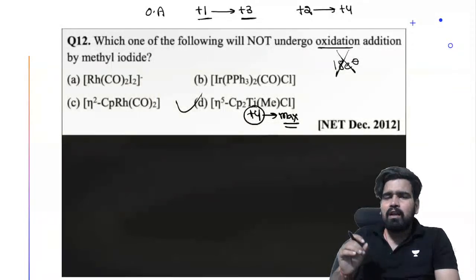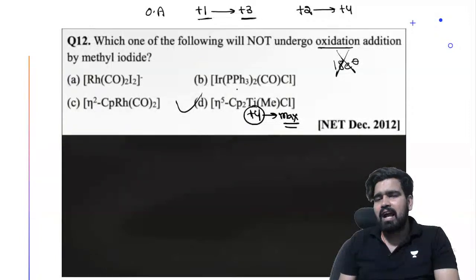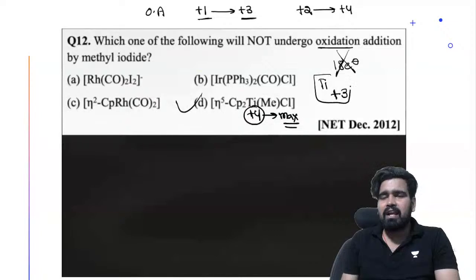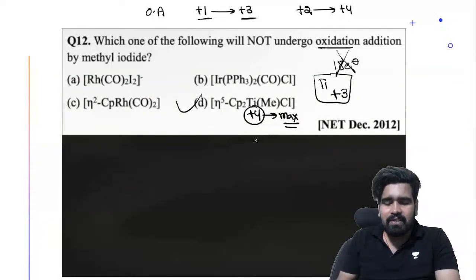For example, if by any chance titanium is in the +3 oxidation state in this kind of complex, can it give oxidative addition?